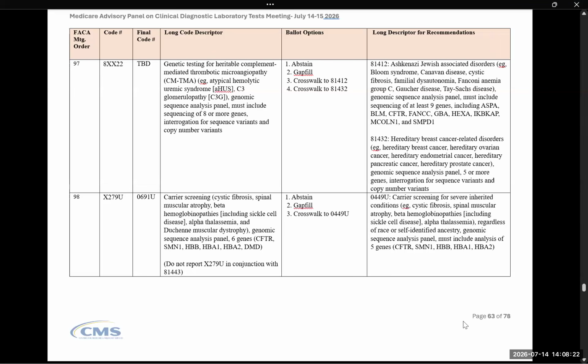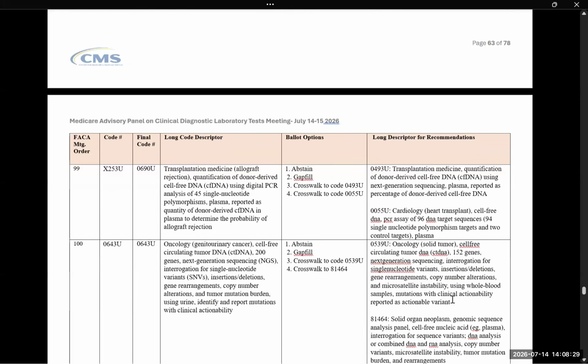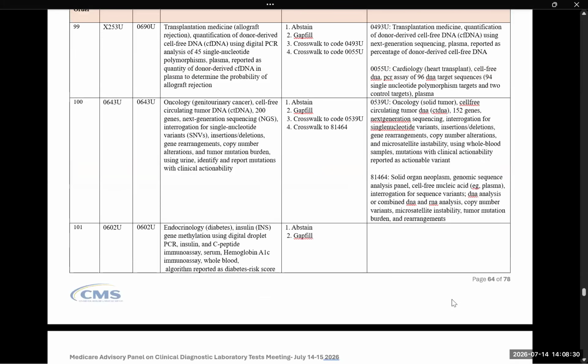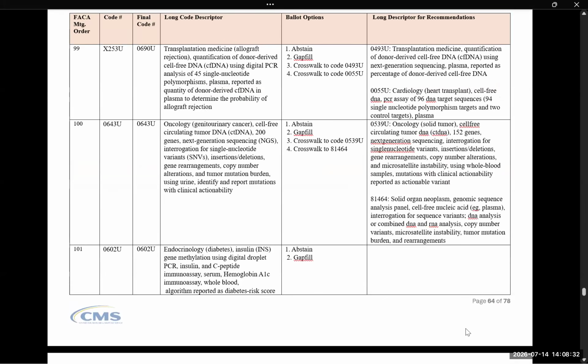All right. Next up, we have X253U with a new code of 0690U. And I believe, Heather, this one is yours.